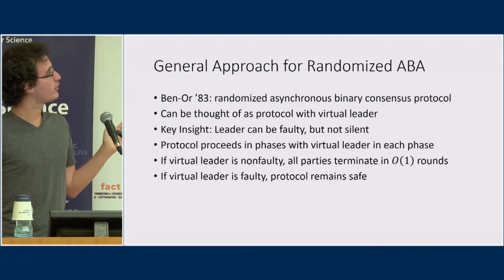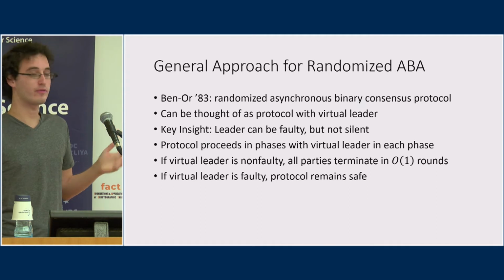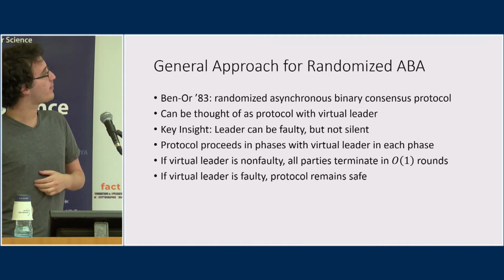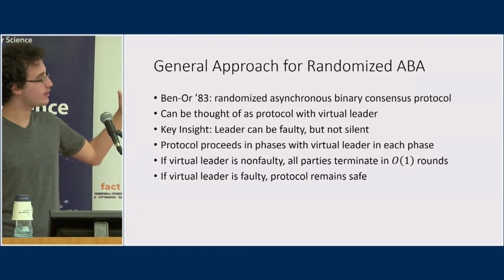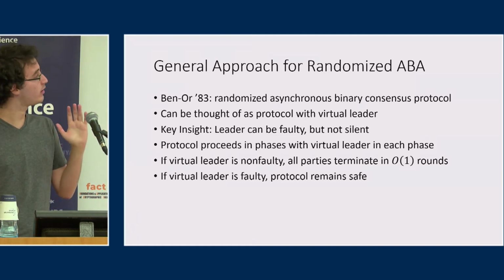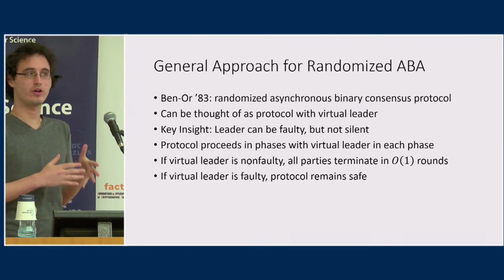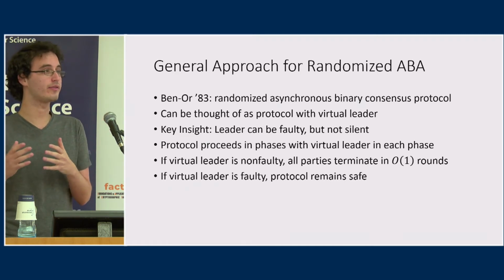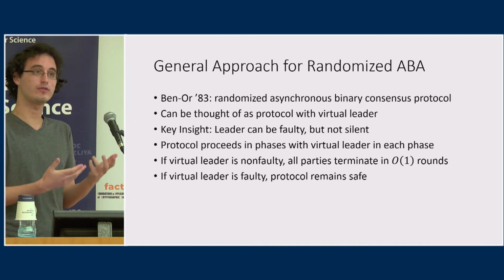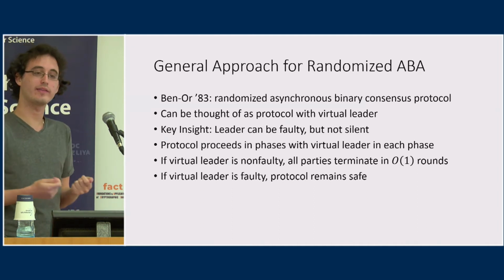And this can be thought of as a protocol with a virtual leader. We'll talk in a second about the virtual leader. The key insight here is that the leader can be faulty, the virtual leader in this case, but can never be silent. If the parties need some value from the leader, it will always provide that value.